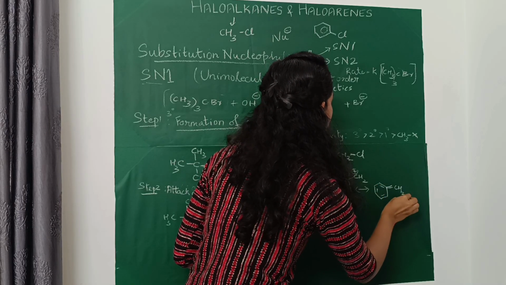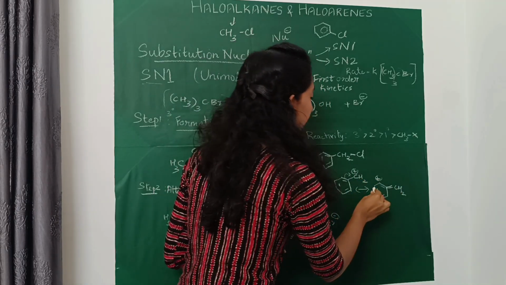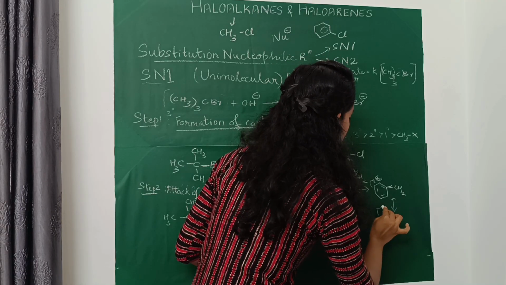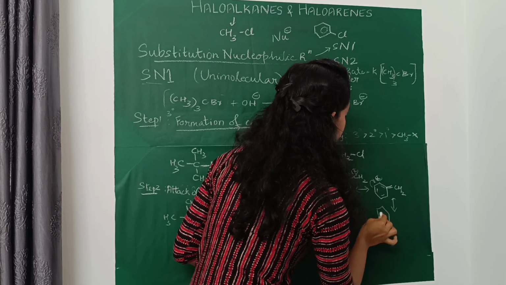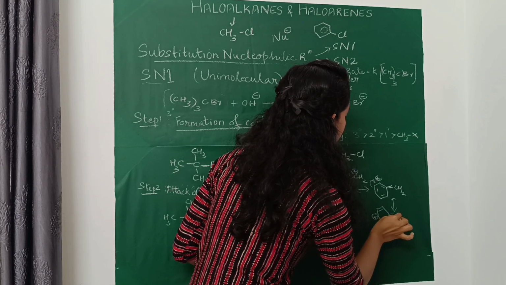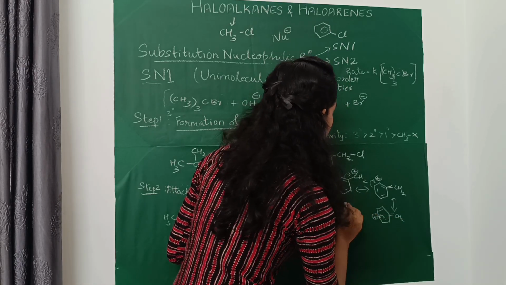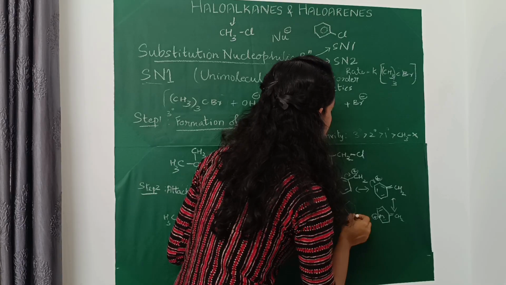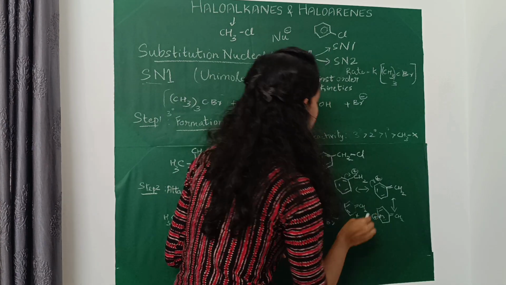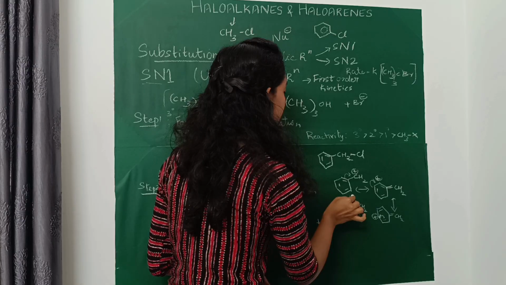That is CH2. Here you get the positive charge. There is no double bond over here. Then it will come to this side to form another structure, again it can come to this side, and then again it forms a structure.